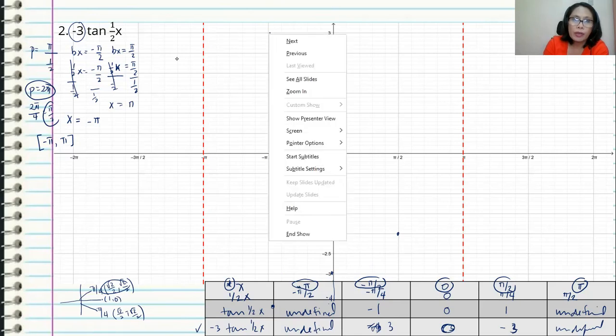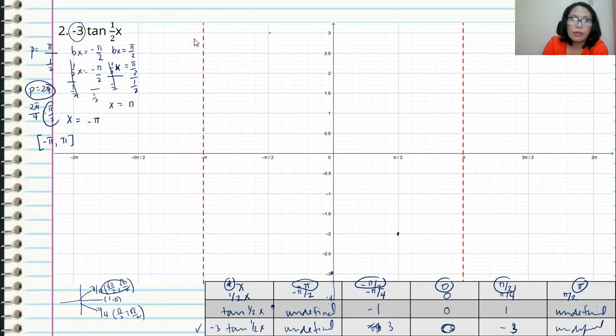Okay. And then 0, 0, 0 here. And then we have 1, negative 3. I mean pi over 2, negative 3 instead of negative 2.